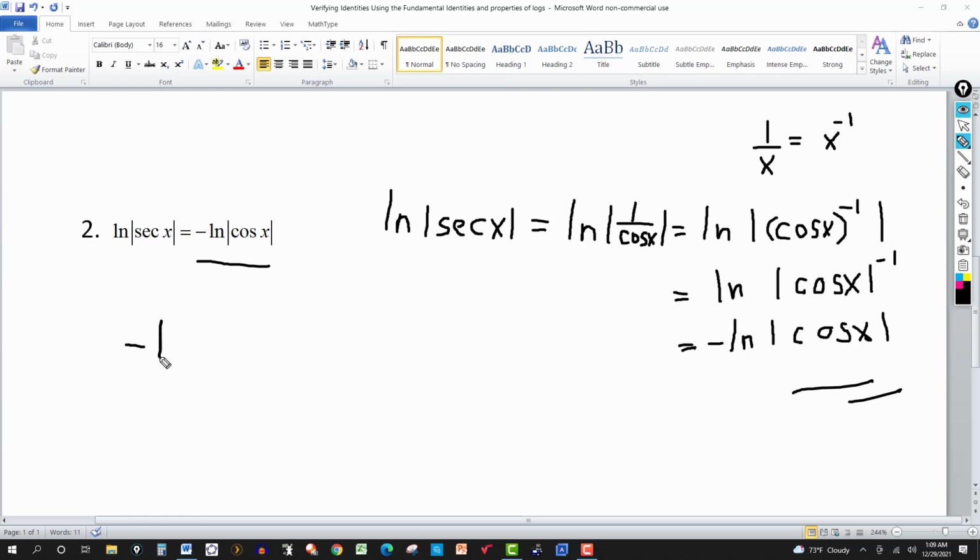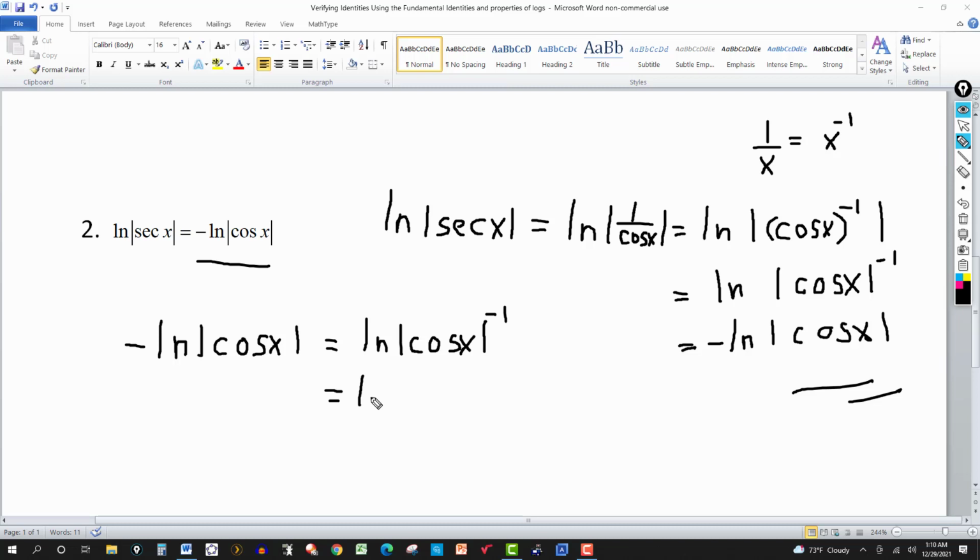Now, in this case, the left and the right side are pretty even in terms of complexity. So it doesn't really matter. So if I start with the right side, I have a negative natural log of absolute cosine of x. Again, properties of logs, I can rewrite this. And this negative becomes an exponent right here.